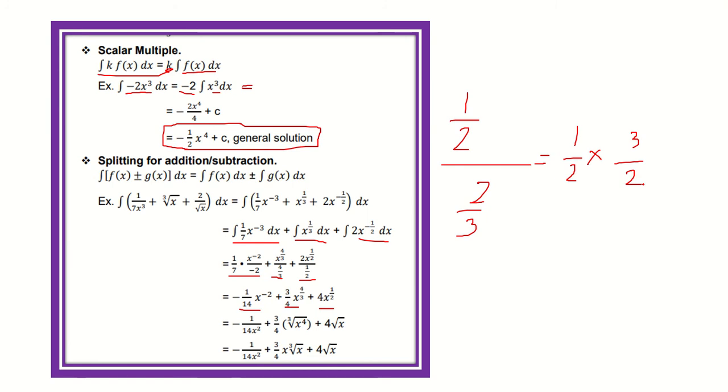Times 3/2. So, that is this one. And then, ibalik sa dati. That is 4/3. That is cube root of x to the 4th. 1/2, that is square root of x. And then, this is our final answer.